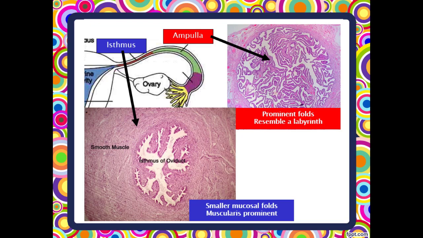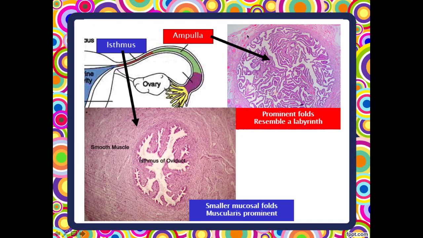So, what are the differences between the ampulla and isthmus of the uterine tube? Within the ampulla, you can find prominent branching folds, which resemble a labyrinth because these folds nearly fill the lumen of the ampulla.